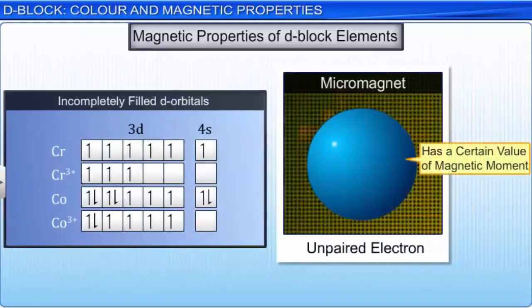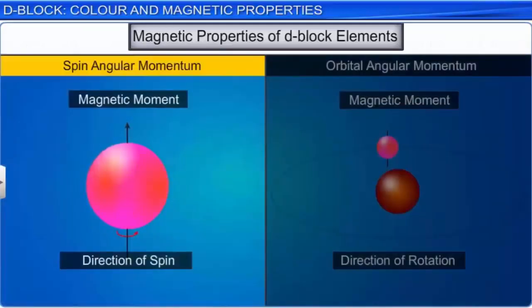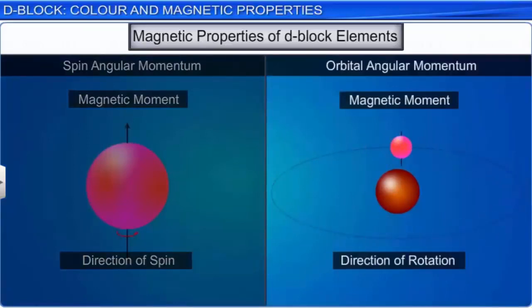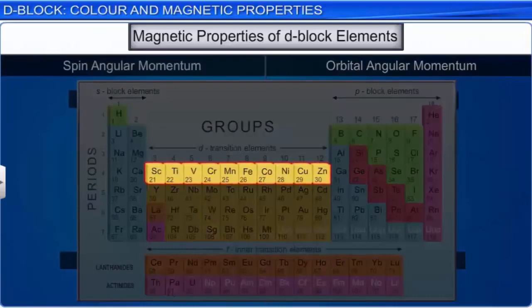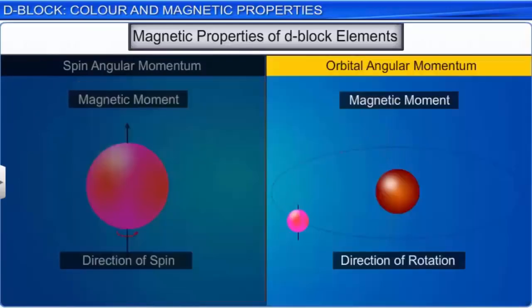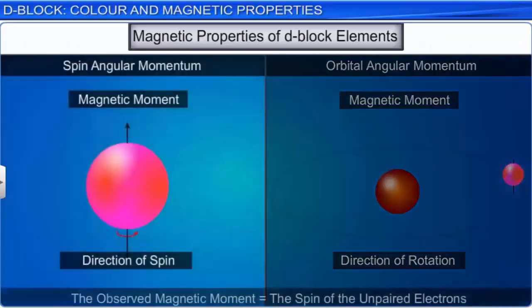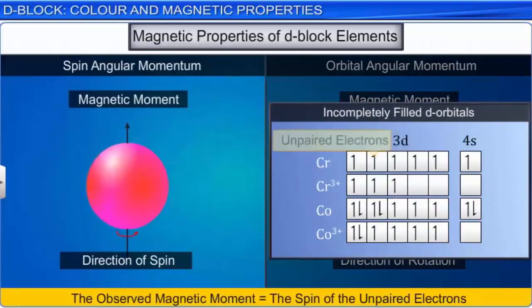However, for the 3d series of elements, the orbital angular momentum of the electrons is small, and hence its contribution in these elements can be ignored. Therefore, the magnetic moment for these elements is determined by the spin-only formula, mu equals the square root of n times n plus 2.